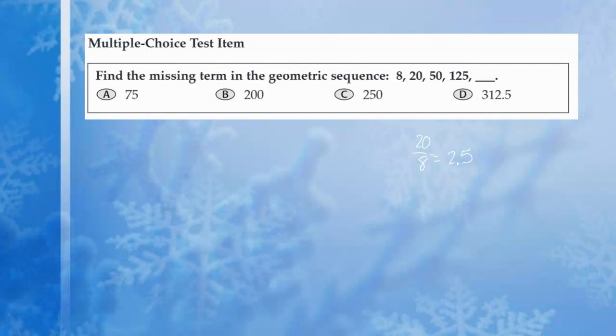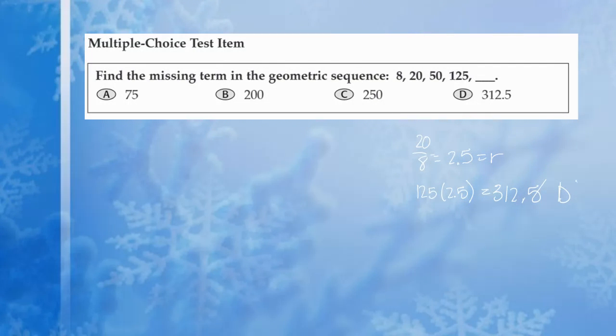Now, test that out, see if it's your r. Multiply 20 by 2.5 and see if you get 50, which you do. So now we've got our r, we can simply multiply 125 by 2.5 and we have the next term in our sequence, which is 312.5.